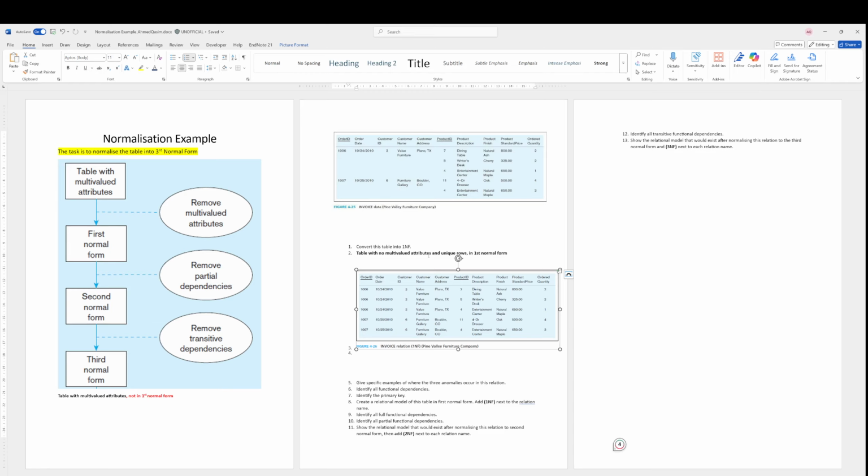So all the rows are unique, and this is what makes the relation into the first normal form. So you need to do that. If it's already in the first normal form, you just have to say that the relation is already in the first normal form, and then you simply start with the other task.